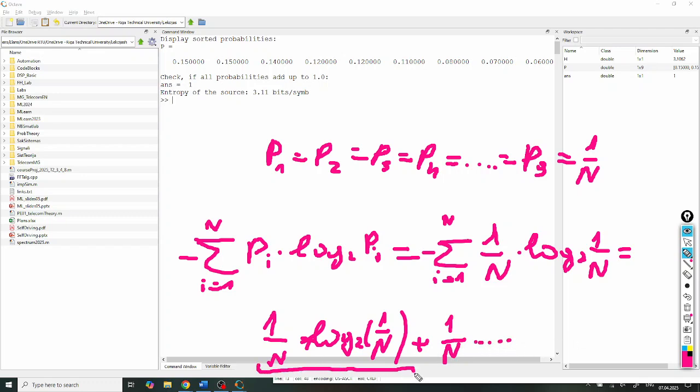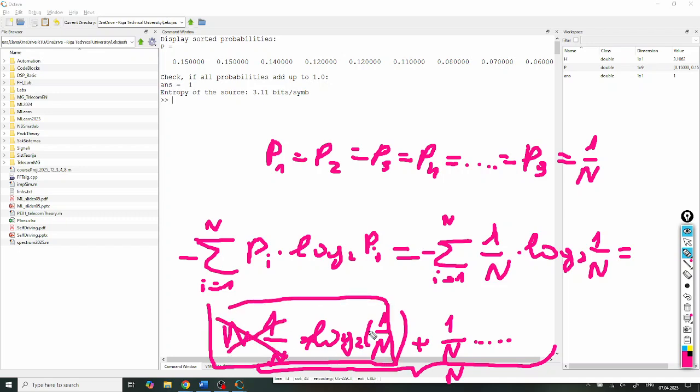So basically we do that n times. So essentially it can be written like n multiplied by this stuff, canceling out this one, and we are left with the minus log 2 of 1 versus n, which according to the school formula can be rewritten as log 2 of n.